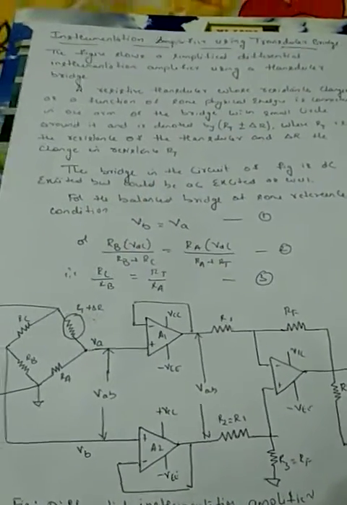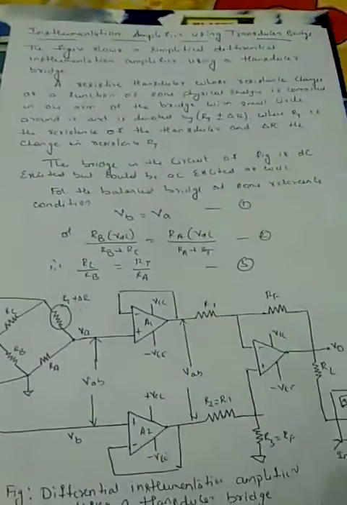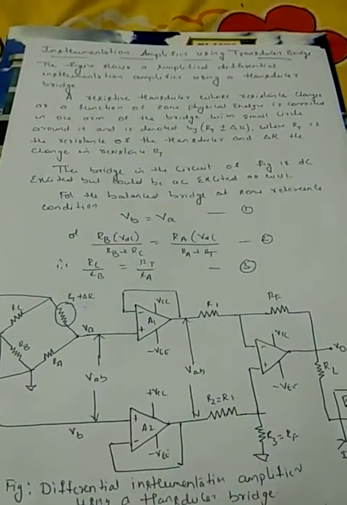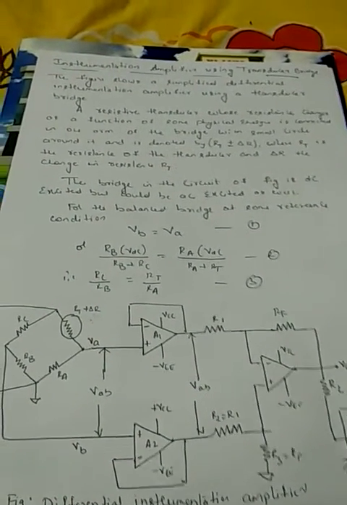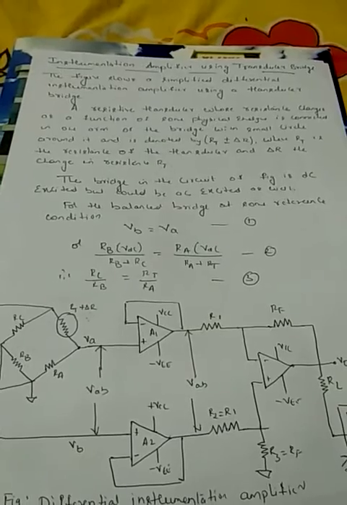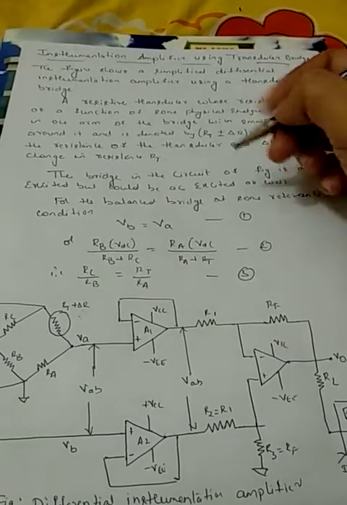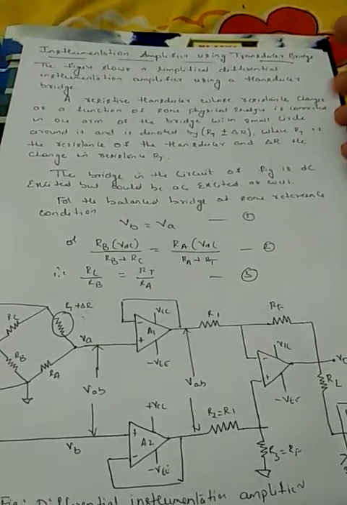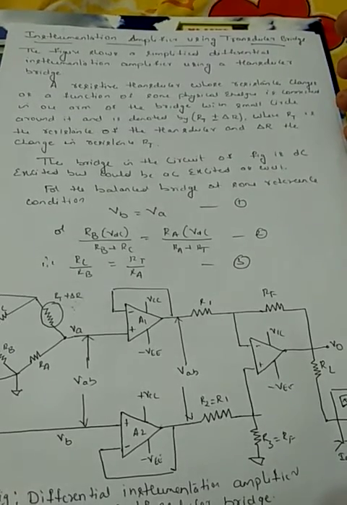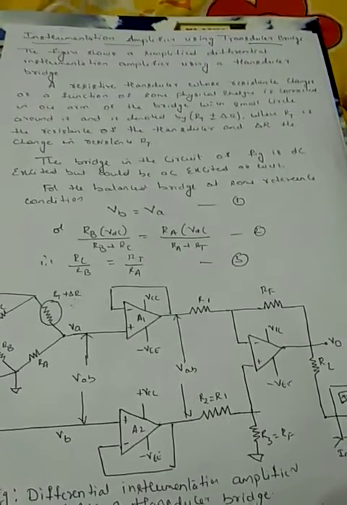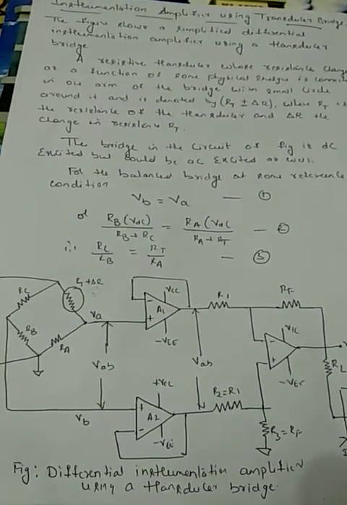Now the bridge in the circuit of the figure is excited by a DC power supply, or it could be AC excited as well. For the balanced bridge, at some reference condition, VB is equal to VA.